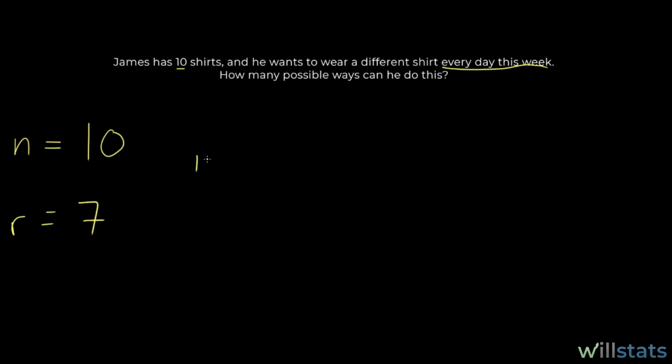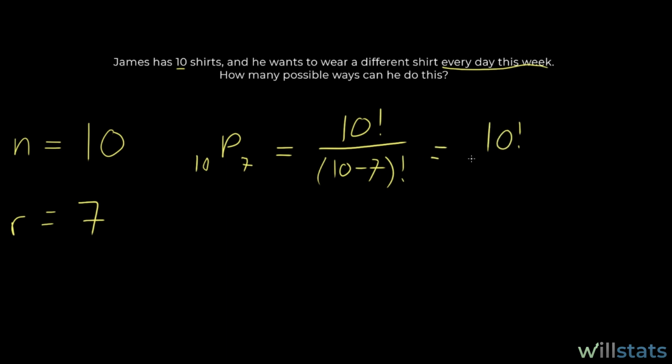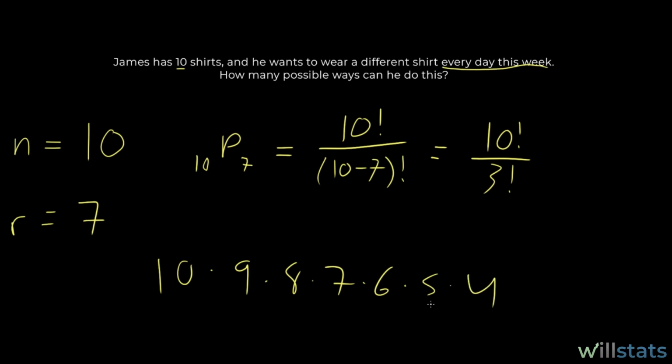We can write the solution to this problem as 10P7, which is equal to 10 factorial divided by 10 minus 7, and we take the factorial of that. That's really the same as 10 factorial over 3 factorial. So this is the same as 10 times 9 times 8 times 7 times 6 times 5 times 4, which is exactly the same answer we got when we did this question previously.